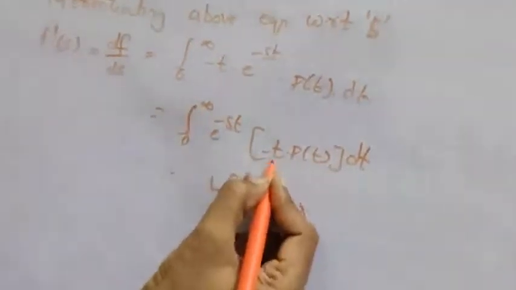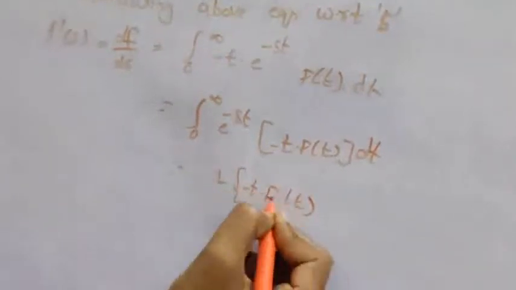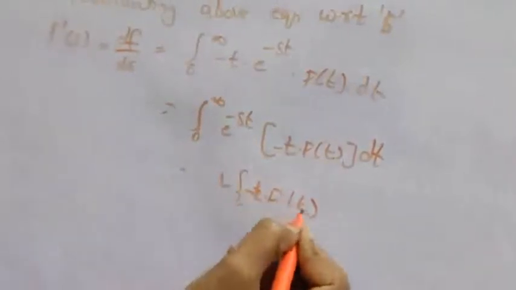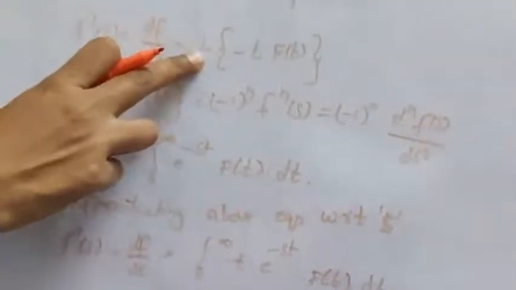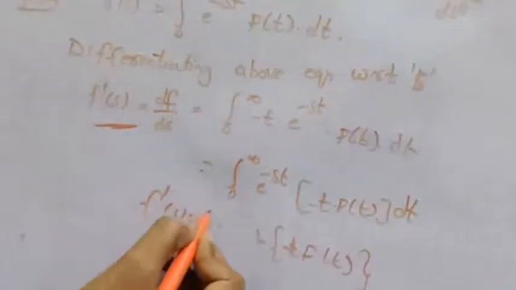So, what is the remaining term here? Minus t into f of t, and we got the required RHS. So, we have proved df by ds is equal to L of minus t into f of t.